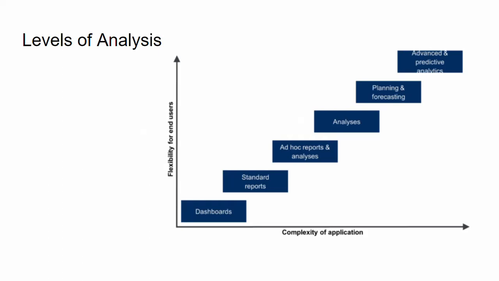Standard reports are used because a lot of times the business activity has a known pattern. You know what happened, you know what's going to happen. What you are not sure of is how it happened. So you can define some templates: what should be reported, what do you want to see? These are the standard reports.